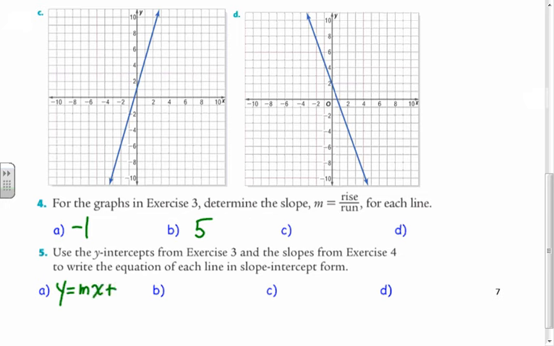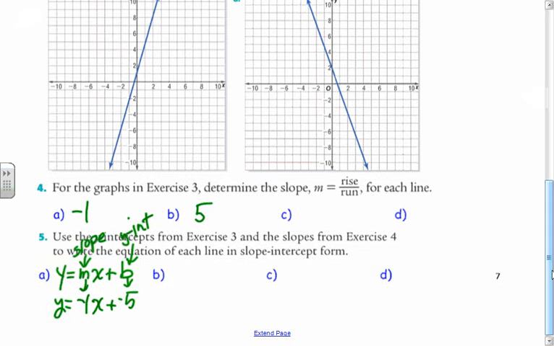This is called the slope-intercept form of an equation, y = mx + b. m is the slope, and b is the y-intercept. So once you know the slope and the y-intercept, you can just plug them in. My slope for the first one is -1, and my y-intercept was -5. Notice I'm just adding that -5 on the end, and I'm just putting the slope in front of the x.